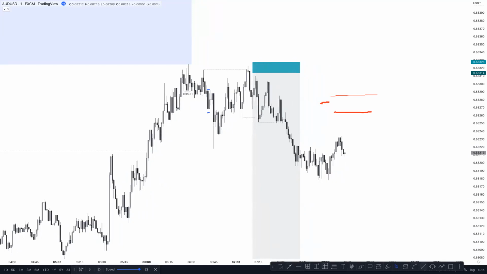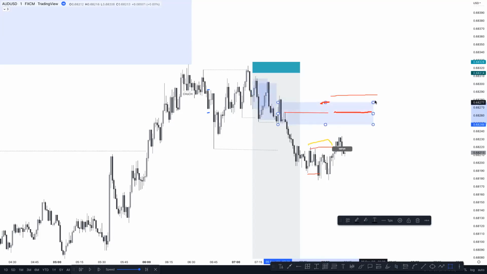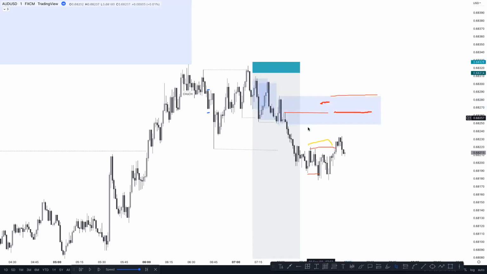And first marking the structure is here. And where is our order flow? This order flow mitigated, and this one mitigated, and this one is unmitigated looks. Okay, so this zone is a more valid looking here for sell at this point.